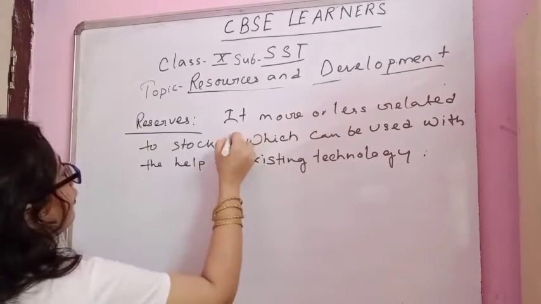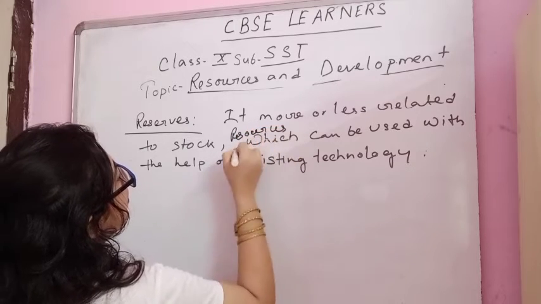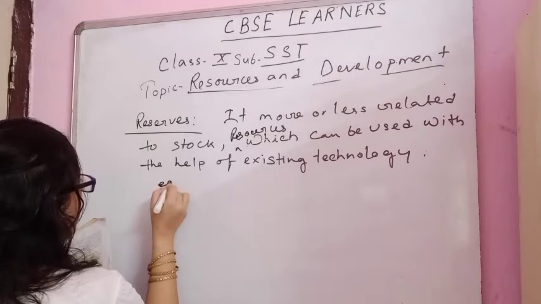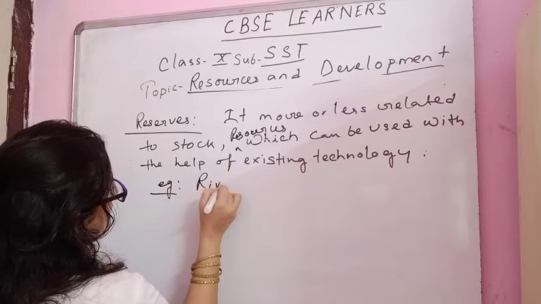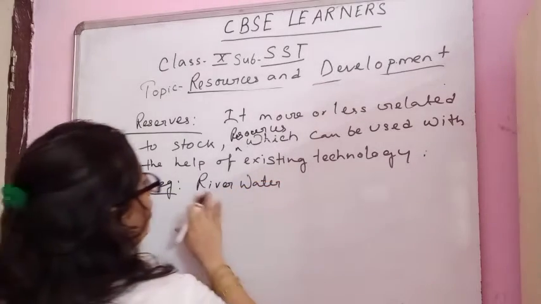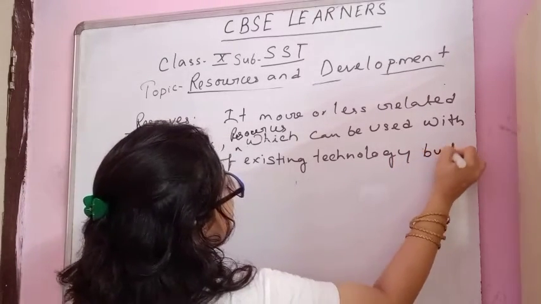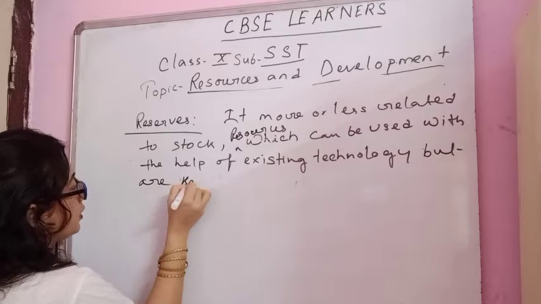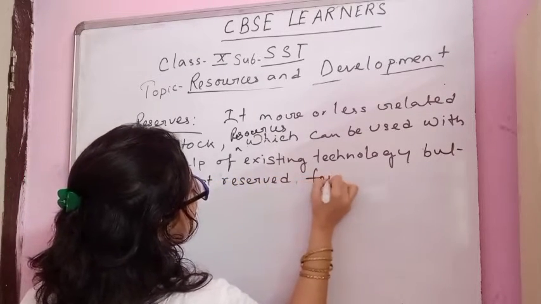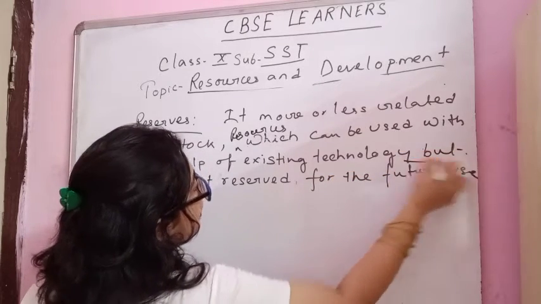These are the resources which can be used with the help of existing technology, for example, river water. Oh, one more thing I forgot to explain: existing technology, but they are kept reserved for future use. This is actually the main thing.